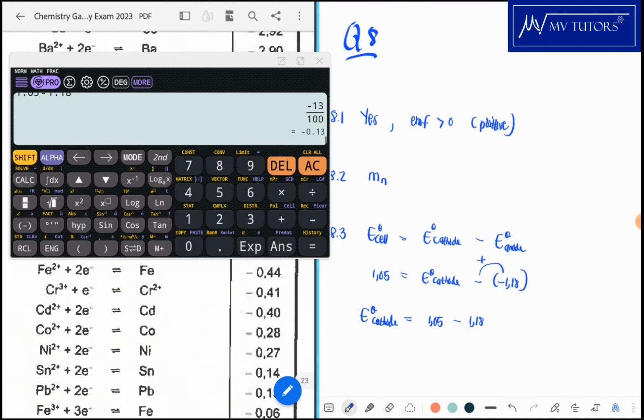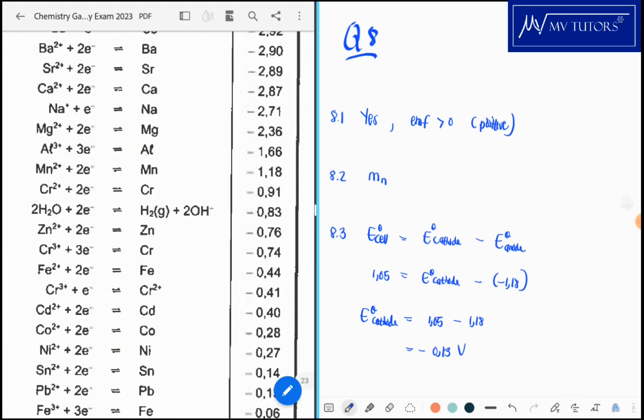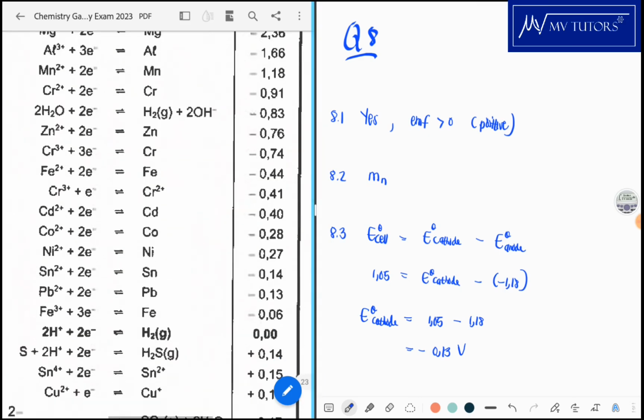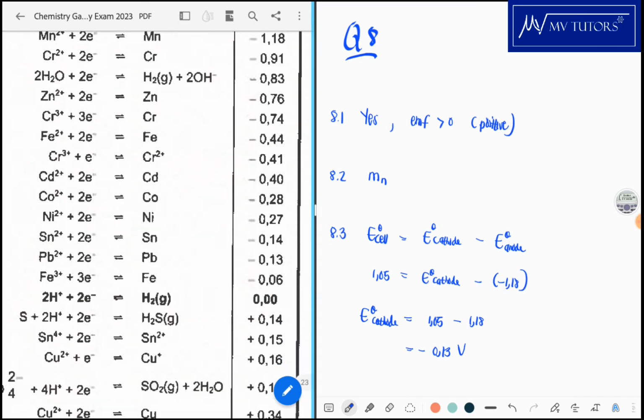If you take it to the other side, it has to be a negative. We get negative 0,13, and don't forget the unit, volts. Where do we get negative 0,13? Negative 0,13 is actually lead. Therefore X is equal to lead.